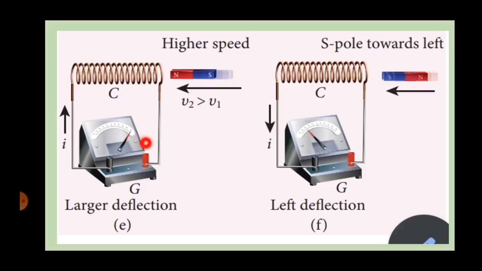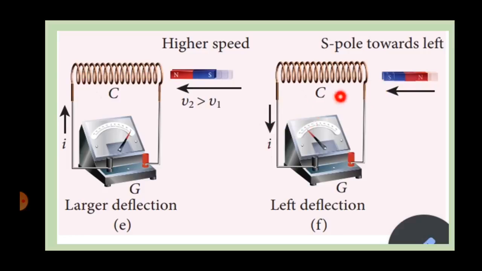Are you clear? Okay. Then, reversing the magnet, that is, with the south pole pointing toward the coil, the same result is obtained, but the current flows in the opposite direction. So the south pole of the magnet produces current flow in the opposite direction.